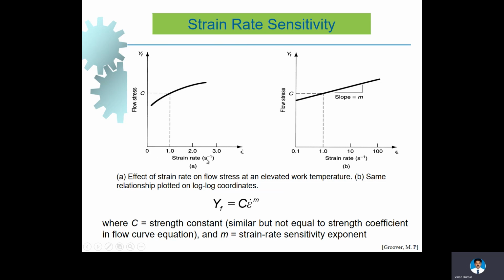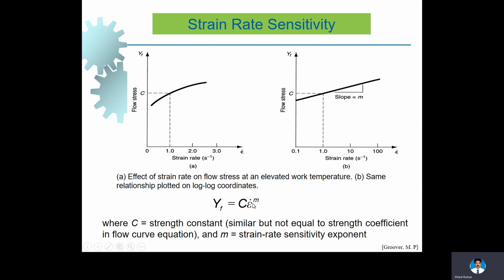As strain rate, the speed at which deformation takes place, increases, we definitely need to supply more flow stress. Now you can see here the equation can be written as flow stress equals C times epsilon dot raised to m.